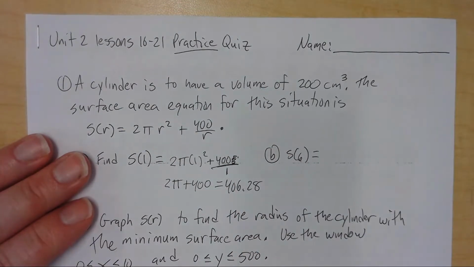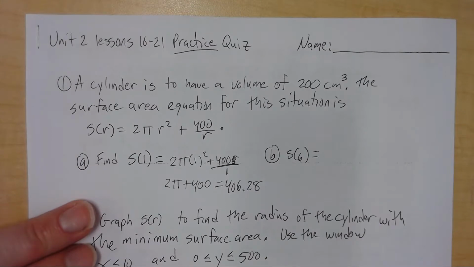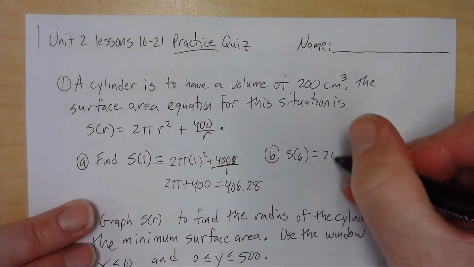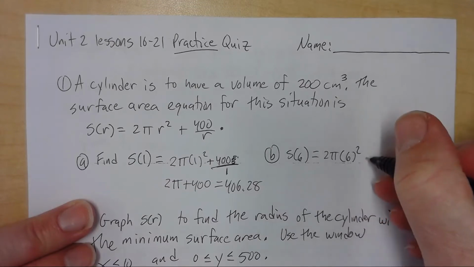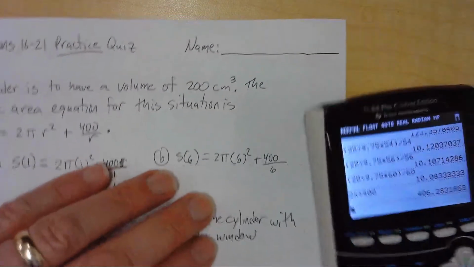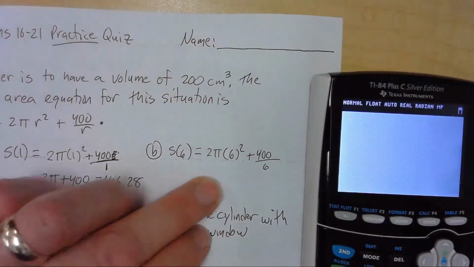All right, the next one, now we're putting in 6 for r. So again, it's a cylinder, there's the volume, surface area, so it'll be 2 pi times 6 squared plus 400 divided by 6. I can type this into the calculator just the way it looks right here.